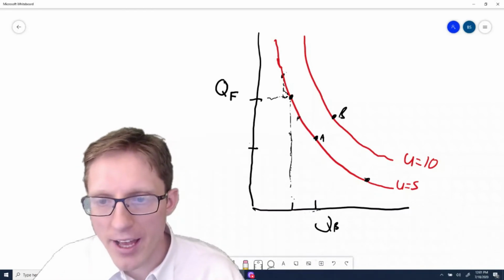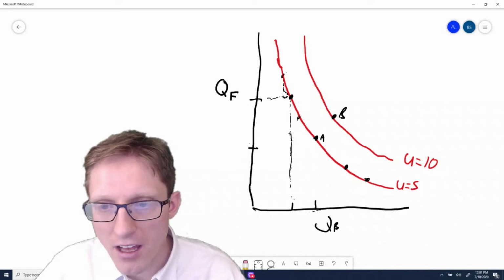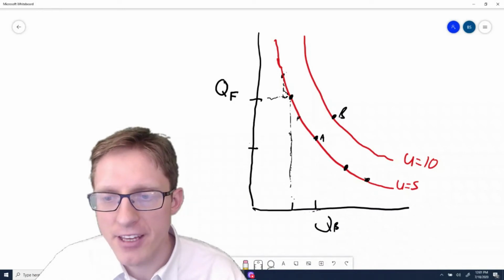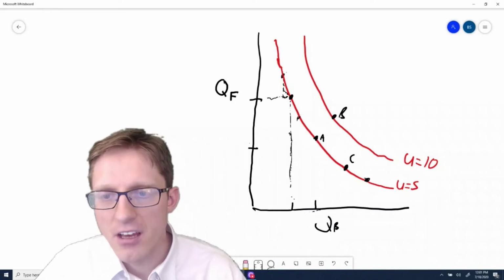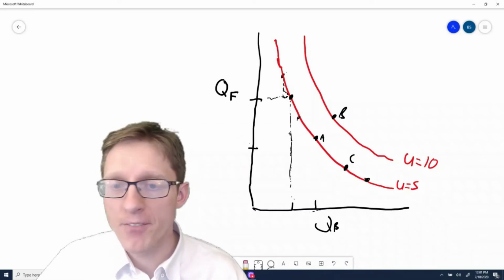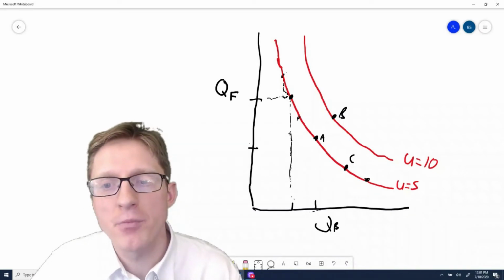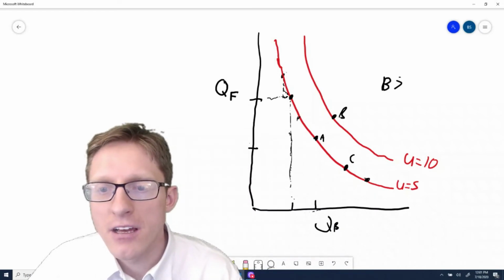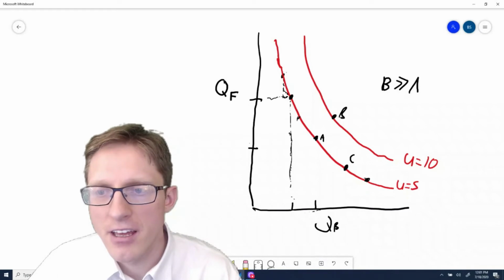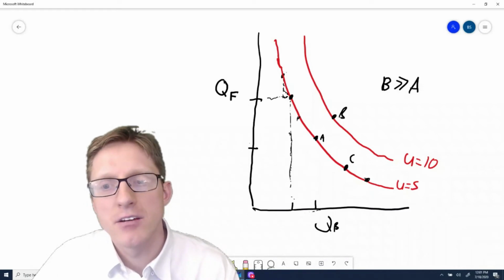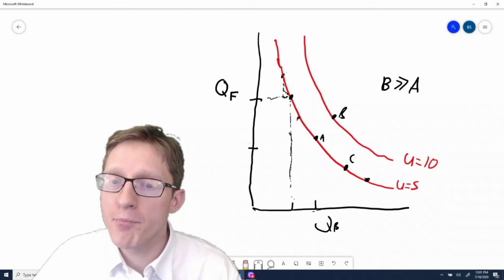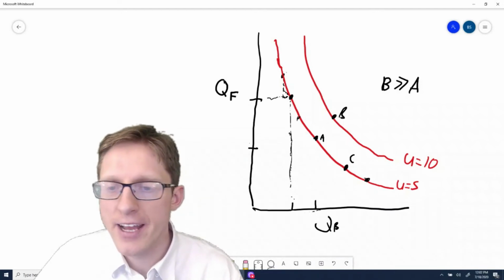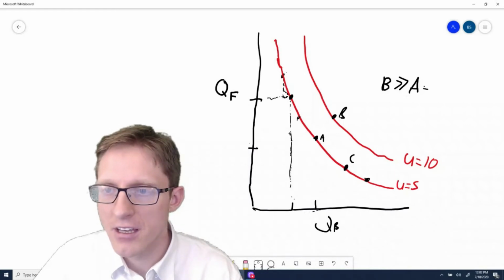It also implies that basket B is preferred to basket, let's call this C. We can't get there directly from the more-is-better assumption, but the more-is-better assumption tells us that basket B is preferred to basket A. And we know that points A and C fall on the same indifference curve, so they must provide the same level of utility.